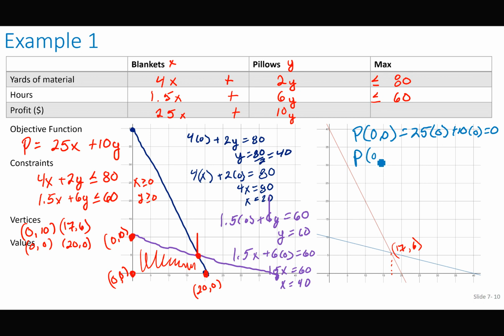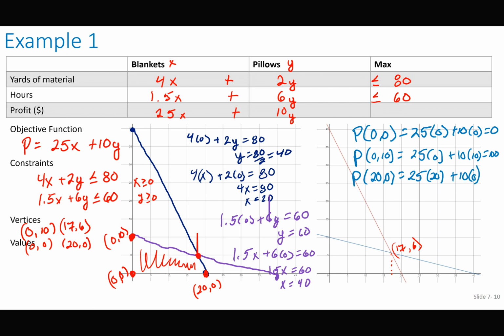P of 0, 10, 25 times 0 plus 10 times 10 is going to give me 100. P of 20, 0, 25 times 20 plus 10 times 0.